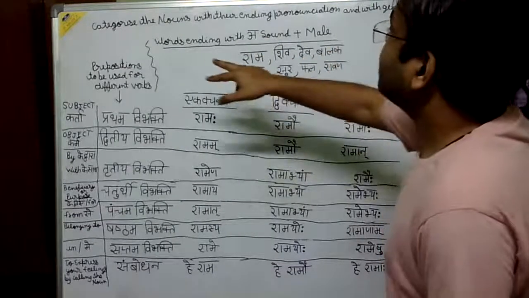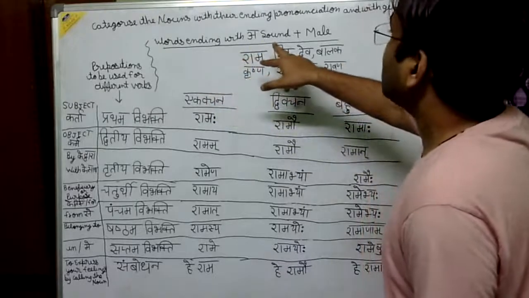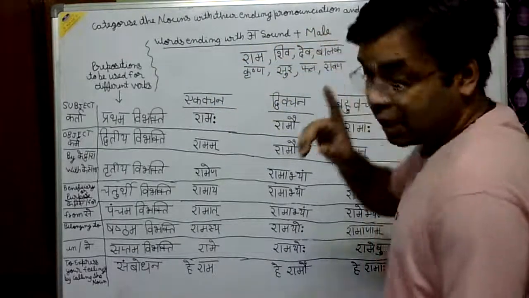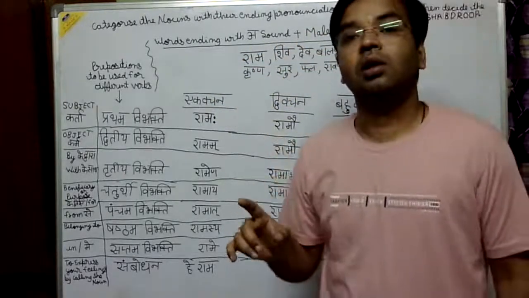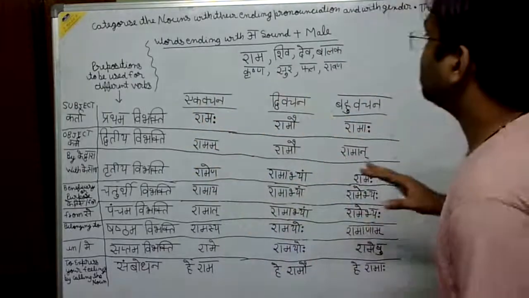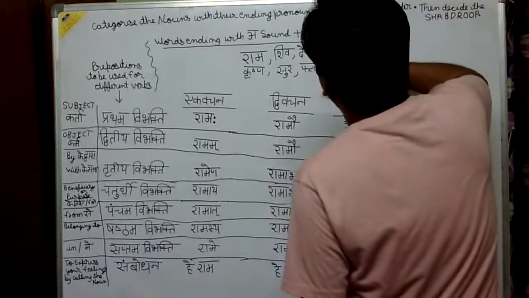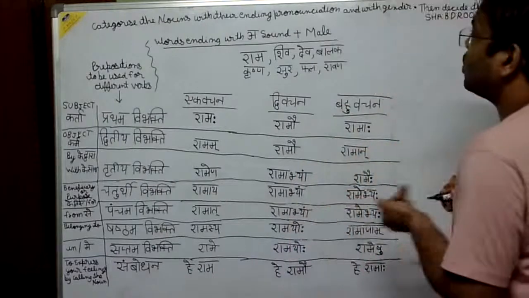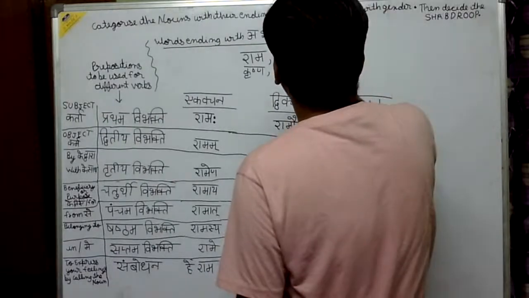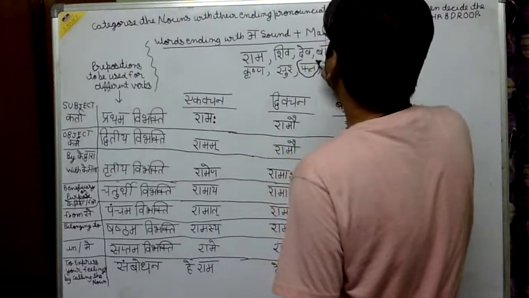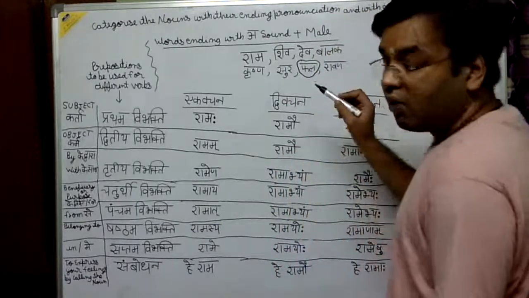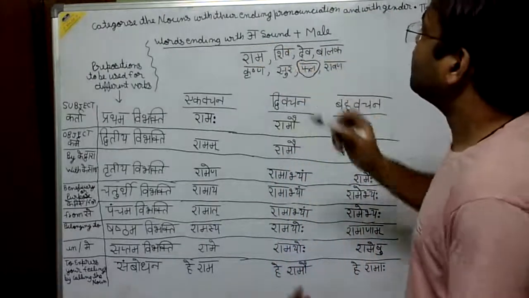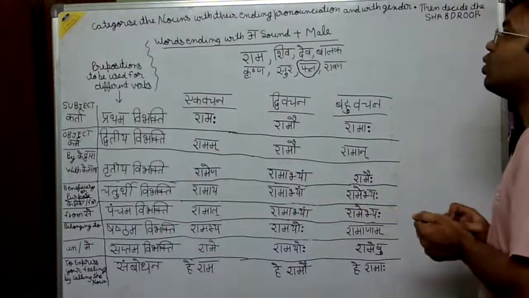Because these all are words ending with a sound plus male. But I did some mistake yesterday that I have to clear. Fal will not be included in this category. I have written this wrong yesterday. Fal is not included in the words ending with a sound plus male.